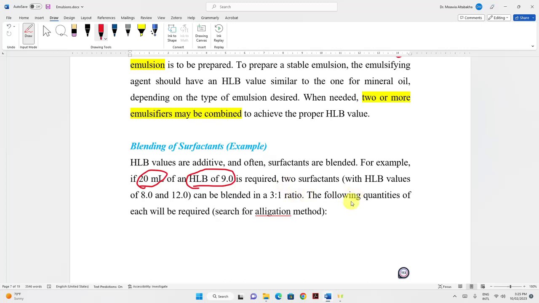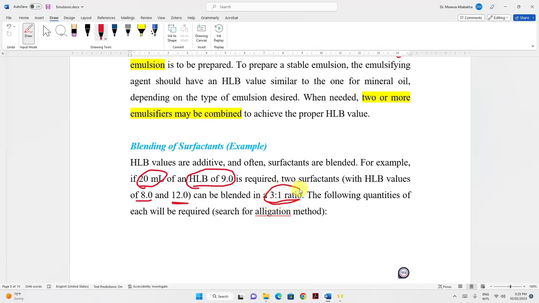So what they did, they took one emulsifying agent that has an HLB value of 8 and another one that has an HLB value of 12. They need to mix them together to get an HLB value of 9, and they need 20 ml of this mixture. So the blend will take a ratio of 3 to 1.